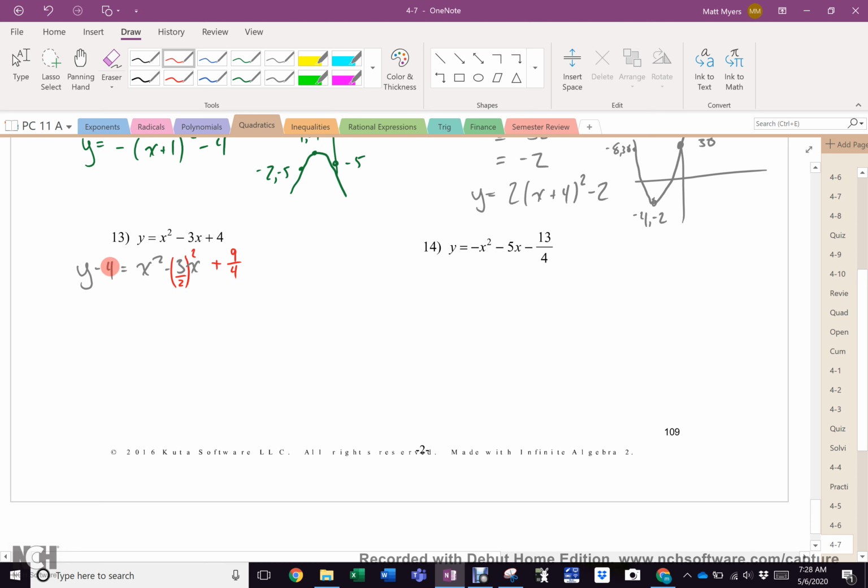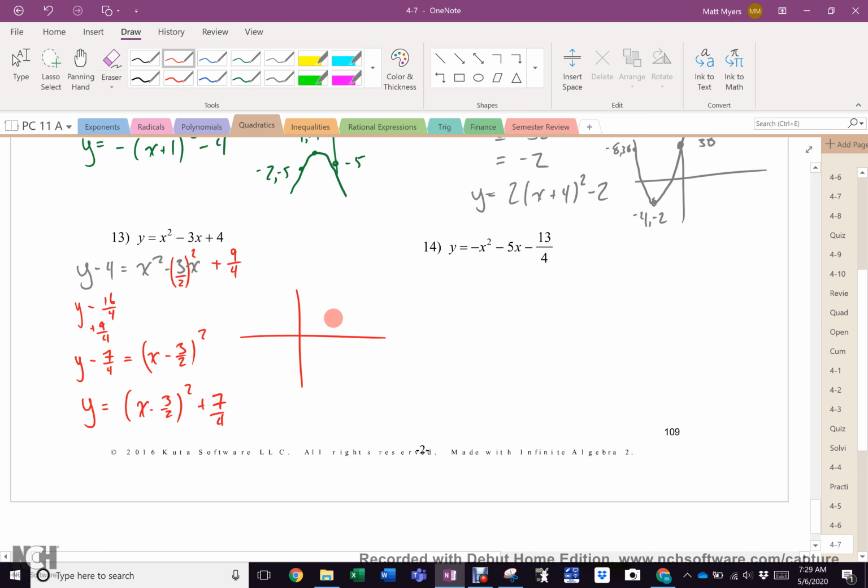This is, of course, y minus 16/4, because 4 is 16/4, and I'm adding 9/4. So y minus 7/4 equals (x minus 3/2) squared. So y equals (x minus 3/2) squared plus 7/4.